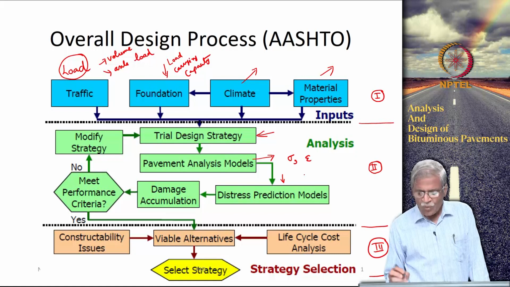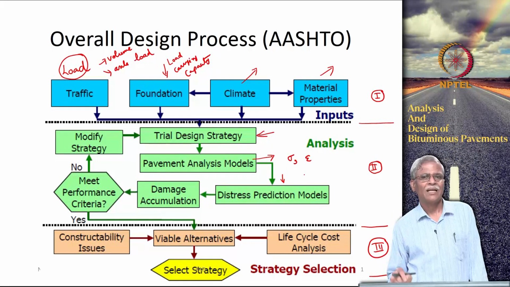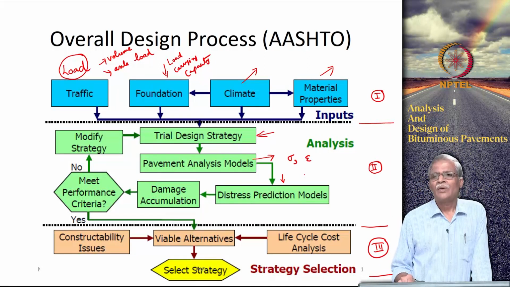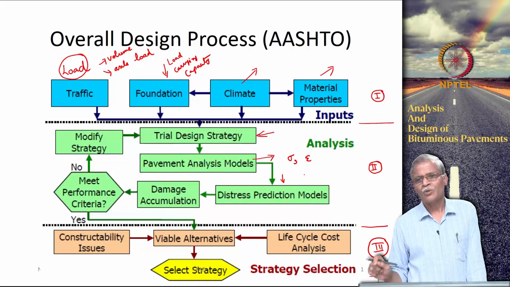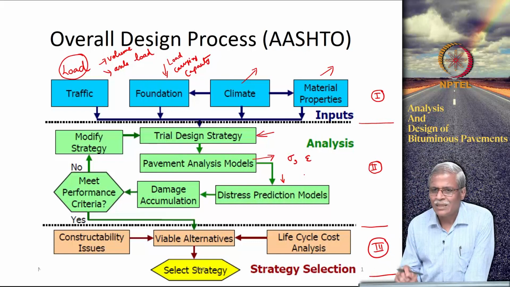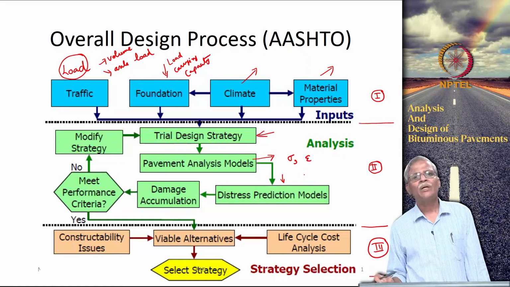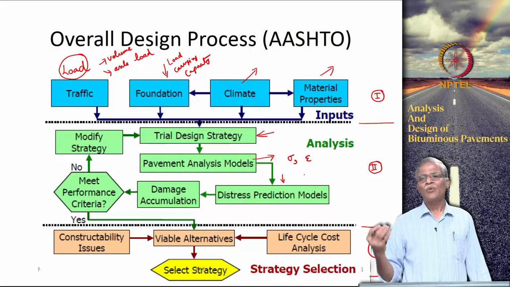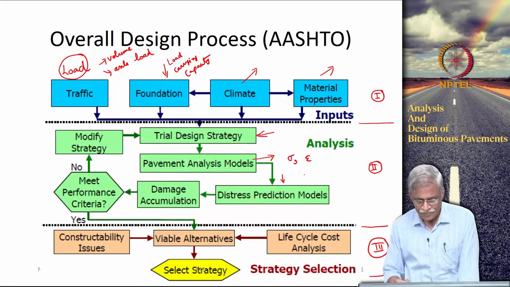For this pavement cross section that you have taken as a trial, with the material properties given as input and using a computational mechanics procedure, what will be the critical stresses and strains, and how can these critical stresses and strains be related to the expected life of the pavement, in terms of rutting and fatigue?